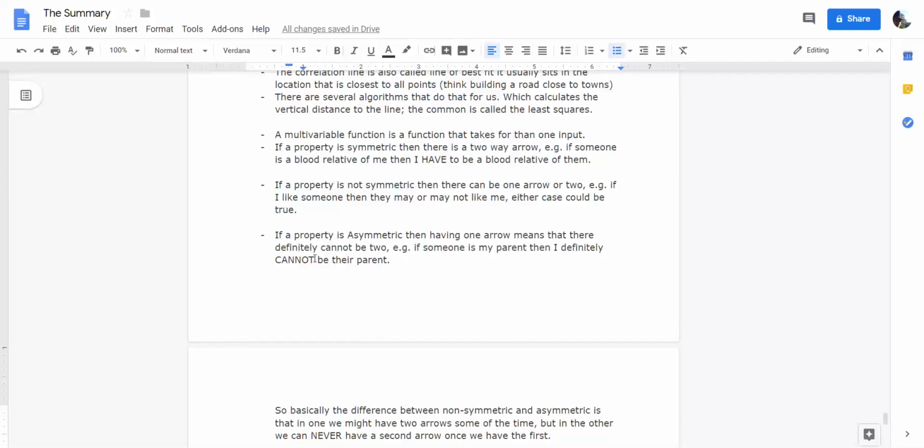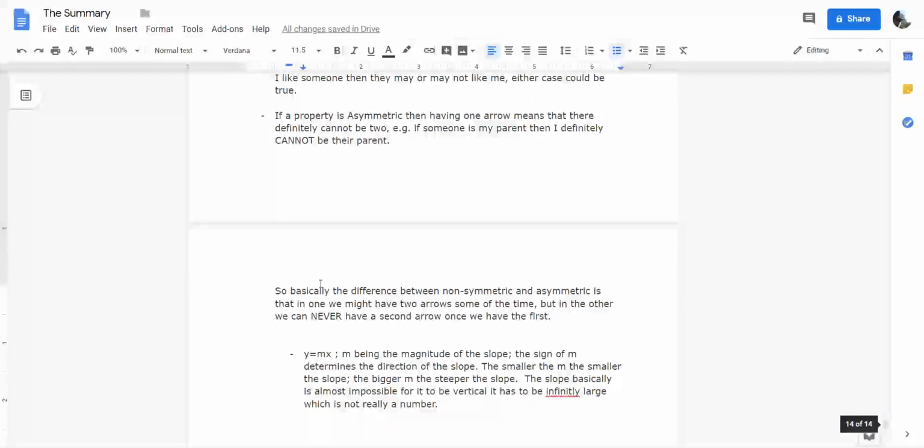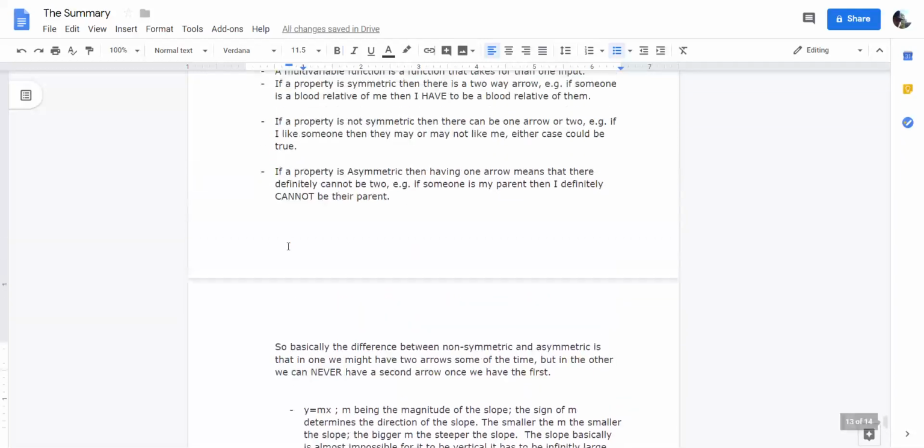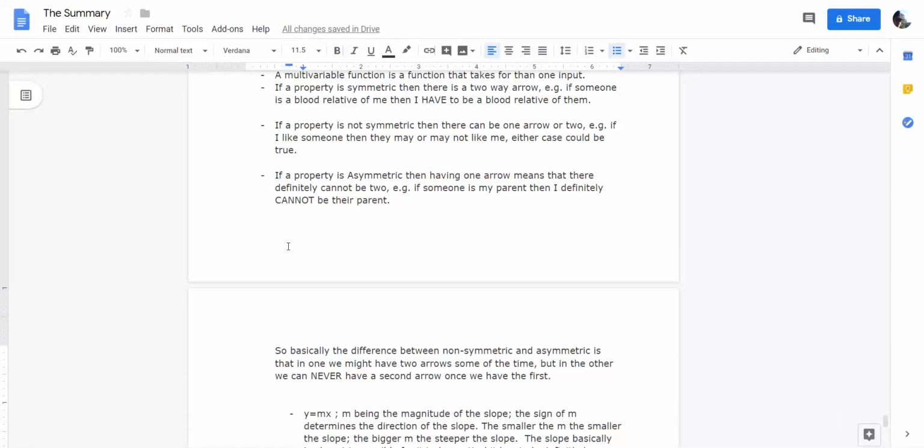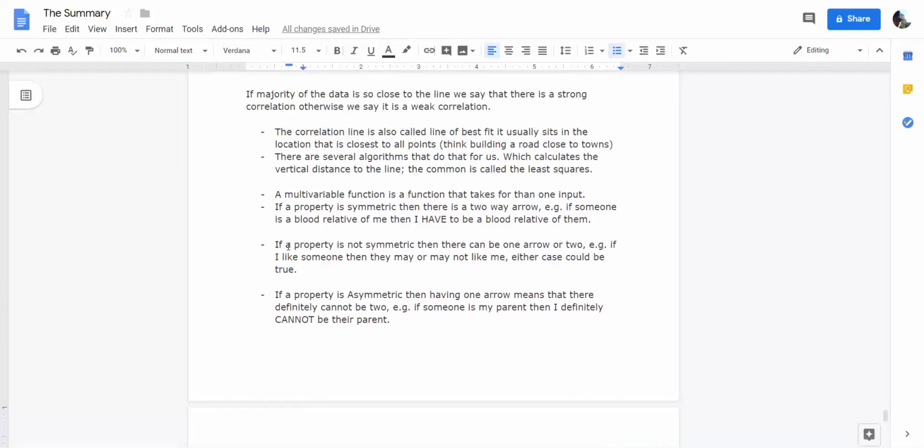As far as asymmetric, there is no way that A related to B allows B to be related to A. So basically, the difference between non-symmetric and asymmetric is that in one we might have two arrows some of the time, but in the other we can never have a second arrow once we have the first.